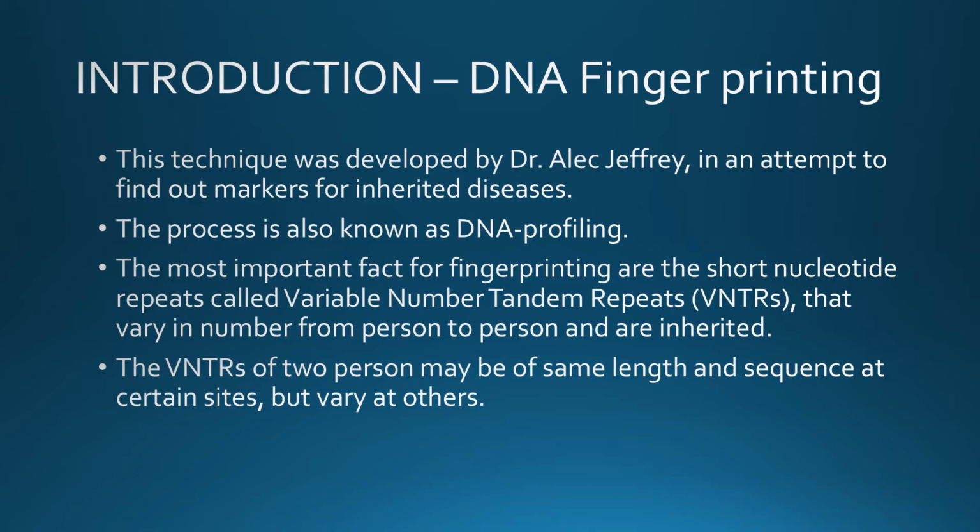So VNTRs are the basis, or the concept, for DNA fingerprinting. The VNTRs of two persons may be of the same length and sequence at certain sites, but they vary at others.